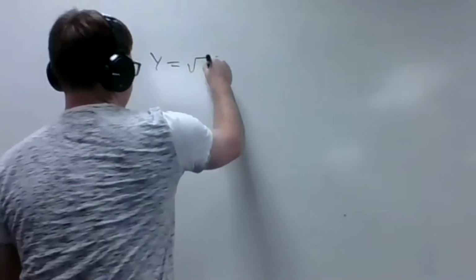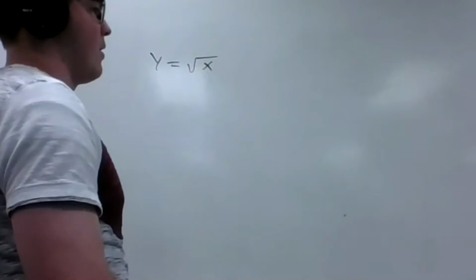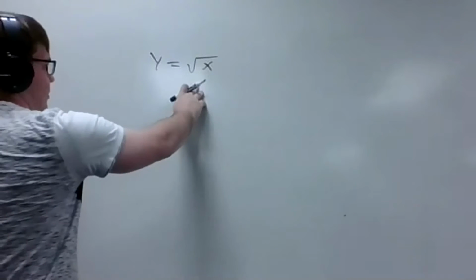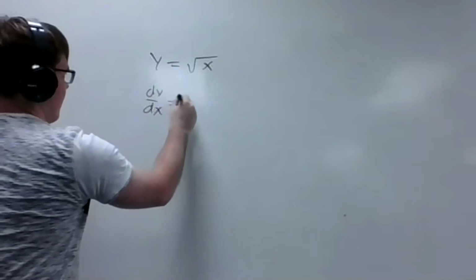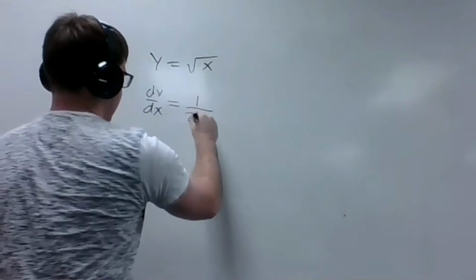All right, no problem. So the difference between a linearization problem and a tangent line problem is that in a linearization, we use the tangent line that we find to approximate a value. So let's say we have an equation y equals square root x. For a tangent line, we just find the derivative, dy dx, which would be 1 over 2 square root of x.